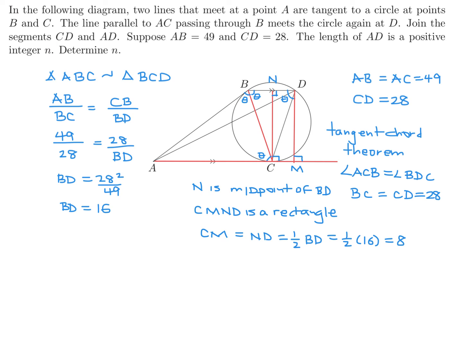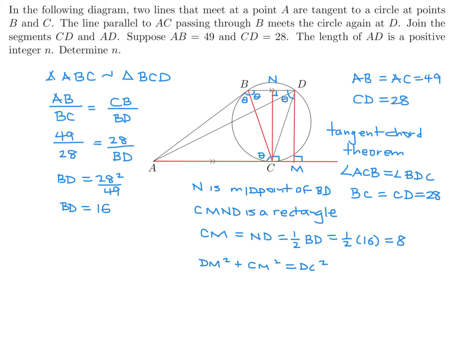Okay, great. So now we just have to use Pythagoras here a couple times. So first we use DM, CM, and DC. So this triangle here. So DM squared plus CM squared is equal to DC squared.